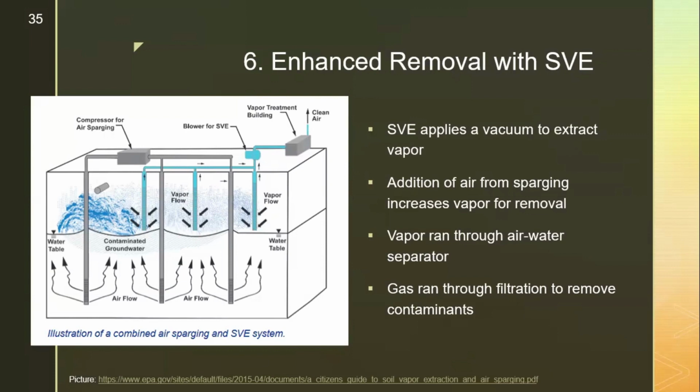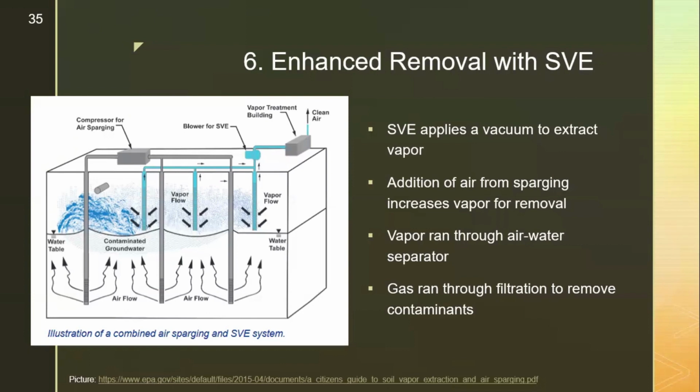SVE, when used as an in situ method, works by creating a vacuum effect on the aquifer. This oftentimes relies on the surrounding area being covered or paved over in order to work, which could be seen as a disruption to the local environment. This is one disadvantage to using air stripping in tandem with SVE, though the additional efficiency may make the added technology worth the extra work that needs to be performed.